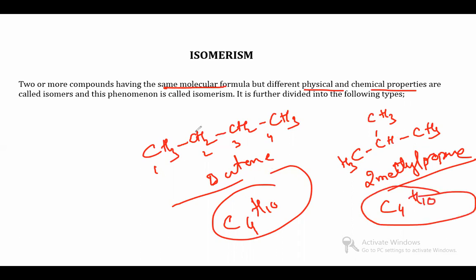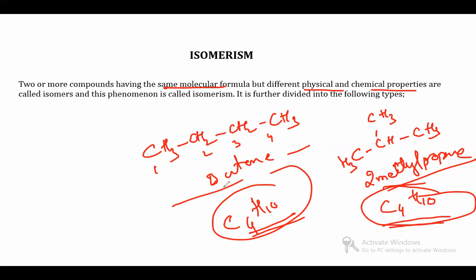So look at this. Butane and 2-methyl propane have the same molecular formula, but their physical and chemical properties are different. This is the first example.